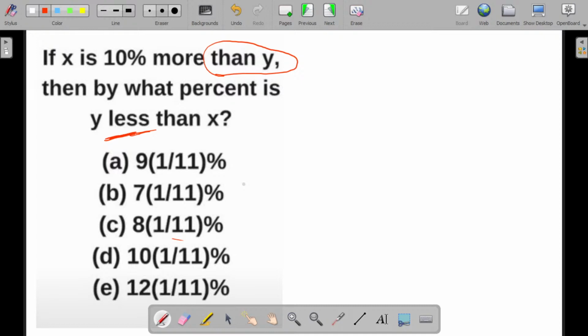Please mention the answer in the chat box. I'm not getting any response. Okay, Smruti mentioned A. Please attempt the problem.